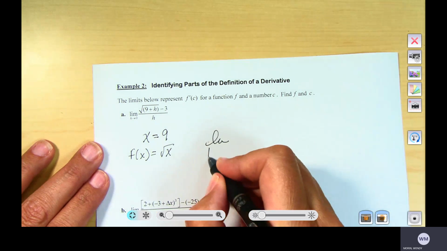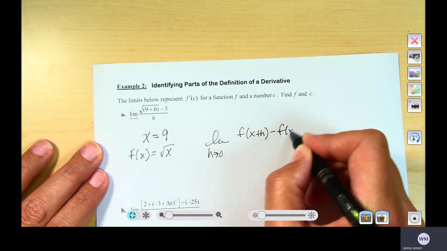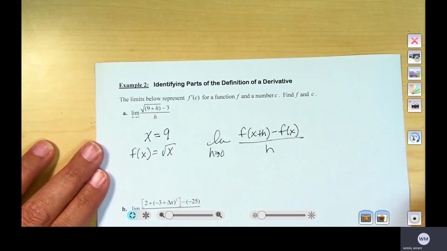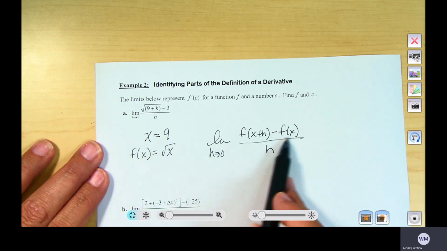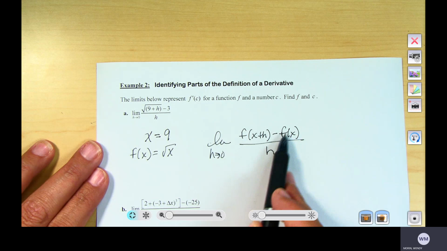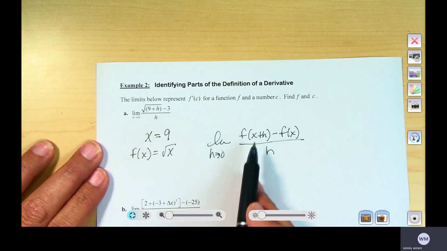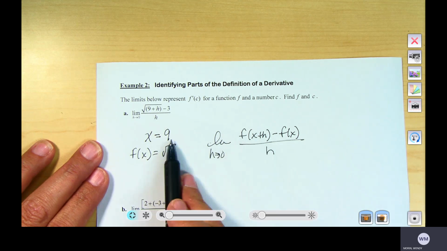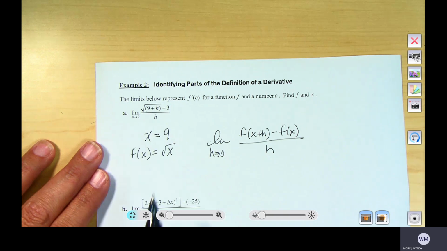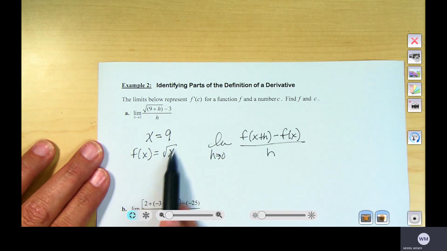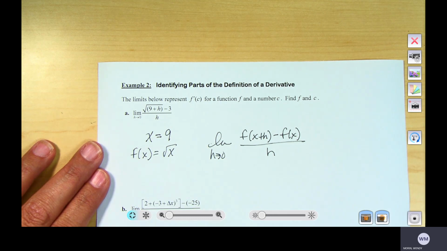So if it's the limit as h approaches 0 of f of x plus h minus f of x all over h, isn't the square root of 9, our f of x, equal to 3? And isn't f of x plus h the square root of 9 plus h? So all you have to do is identify what the x value is and what the function is. And that's all you have to do.